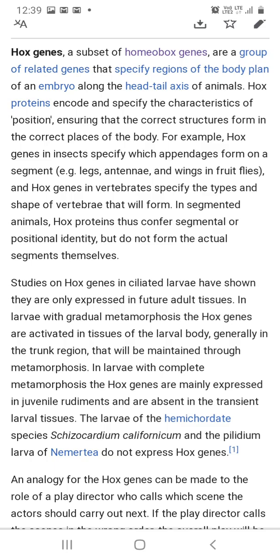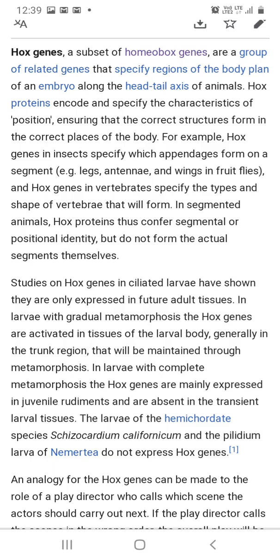The Hox proteins encode and specify the characteristic of position. Mice and humans are the two best studied mammals, while Drosophila is the best studied insect in invertebrates.